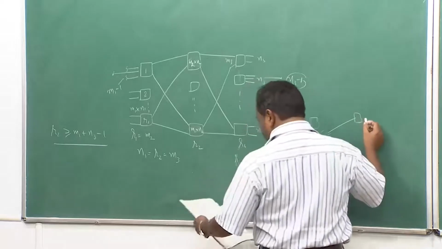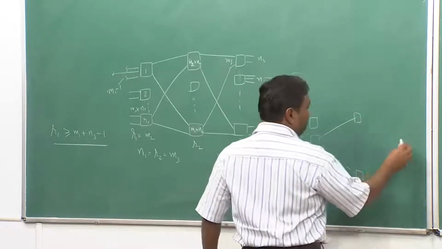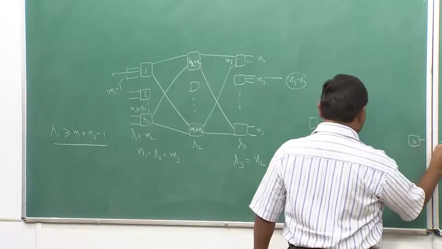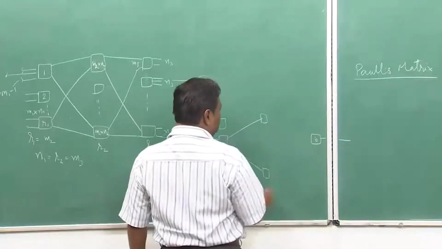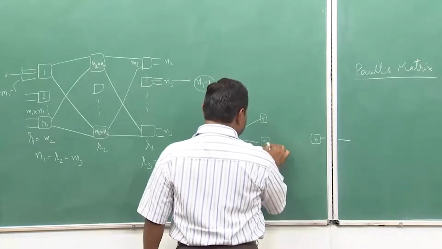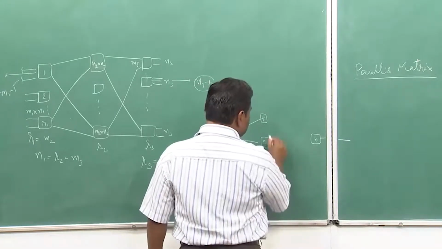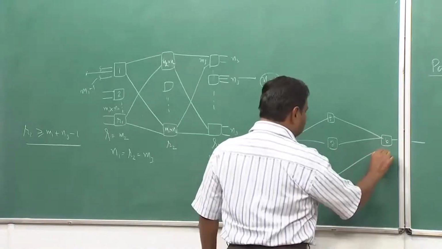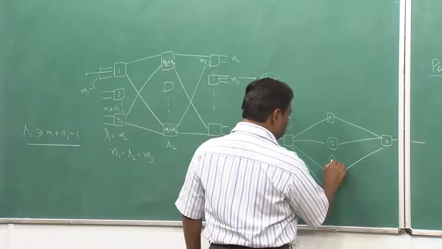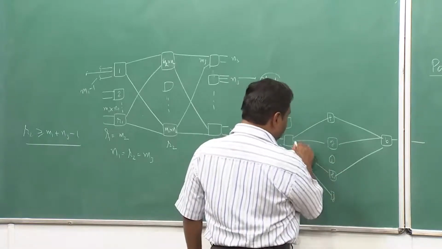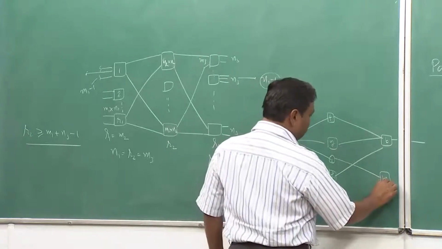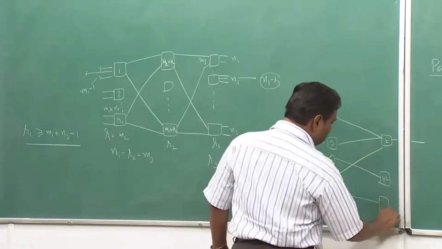Okay, I can call them F, G, H, and there is a switch here, I call it B. So, if F, G, H are connecting in this fashion, then I can have other ones, I, J kind of thing. This is connected to some other one, say B2, this is connected to B3.